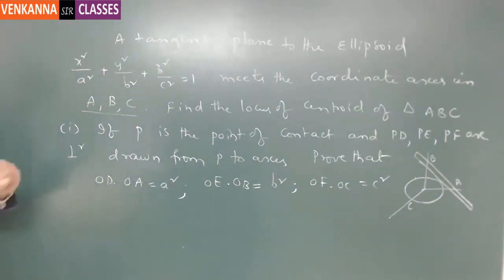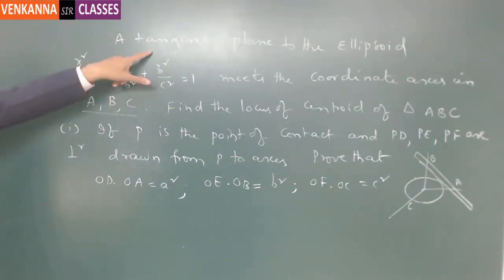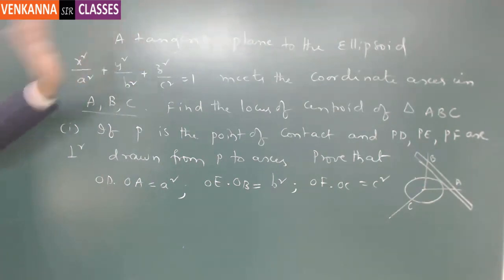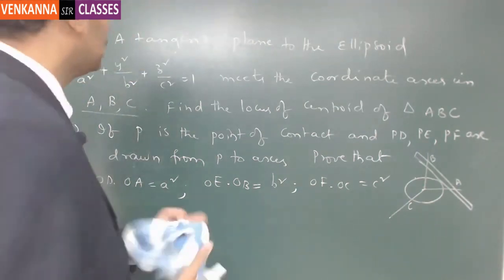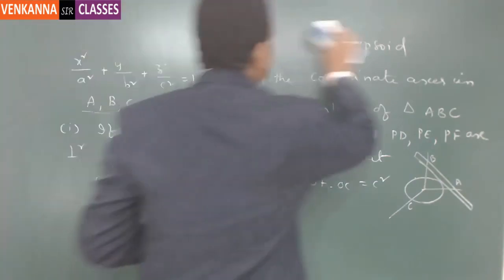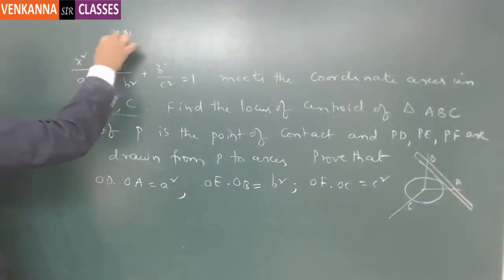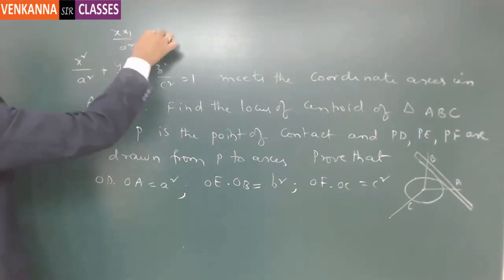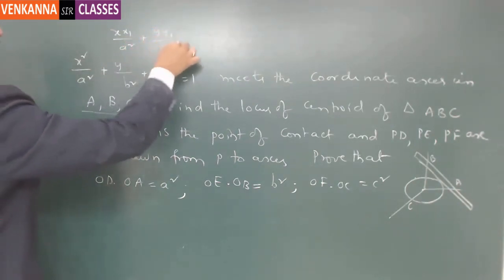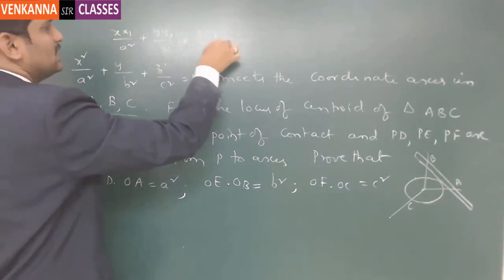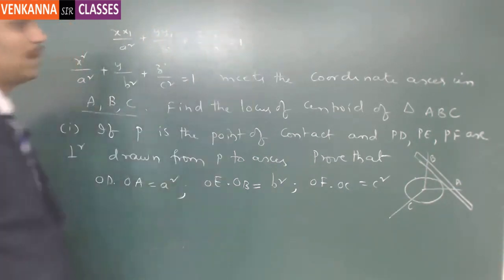Now in the first place, we write the tangent plane equation to the ellipsoid. Let us write it first. It is nothing but x1 x by a square plus y1 y by b square plus z1 z by c square is equal to 1.